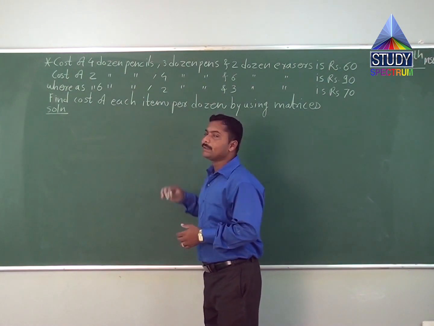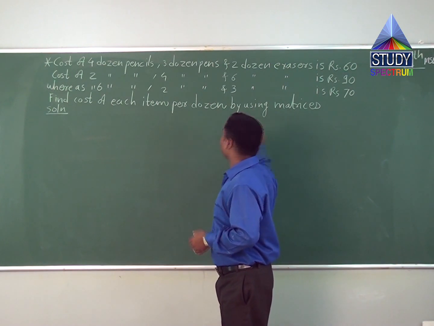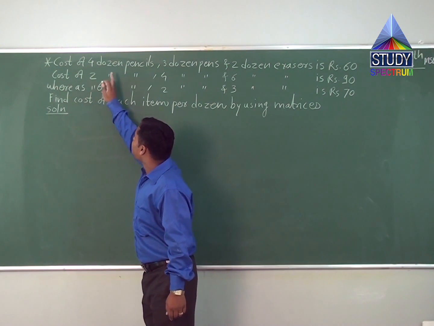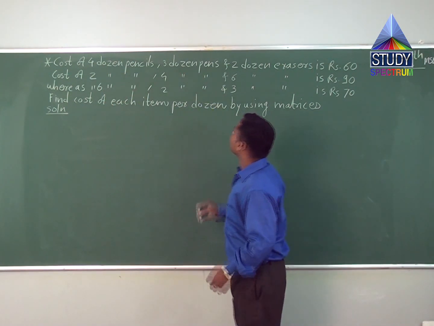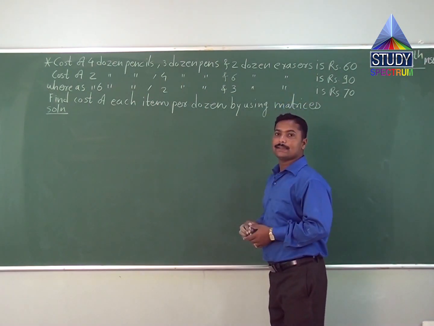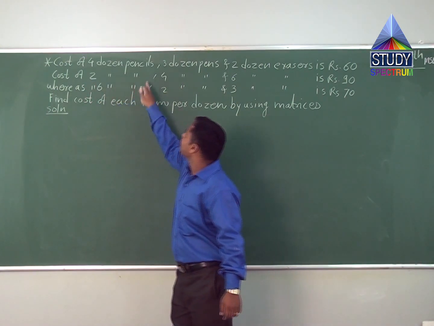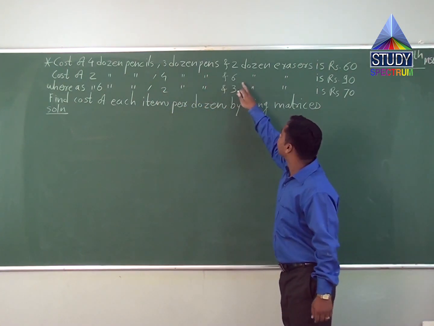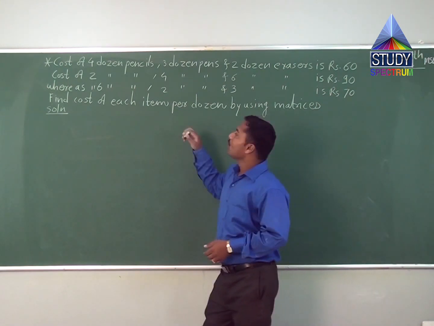We discuss one descriptive problem by using matrices. So what is the problem? Cost of 4 dozen pencils, 3 dozen pens and 2 dozen erasers is rupees 60. Cost of 2 dozen pencils, 4 dozen pens and 6 dozen erasers is rupees 90.